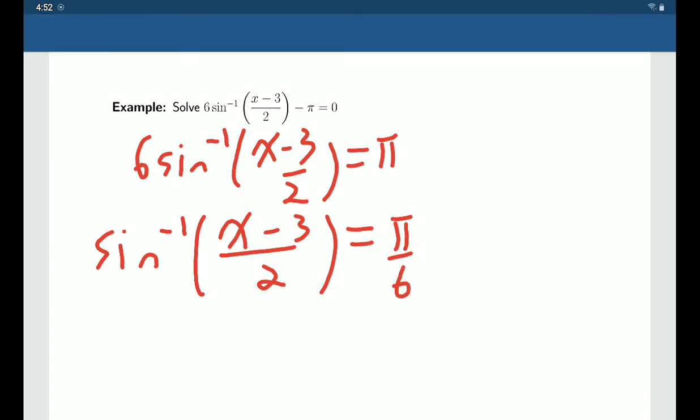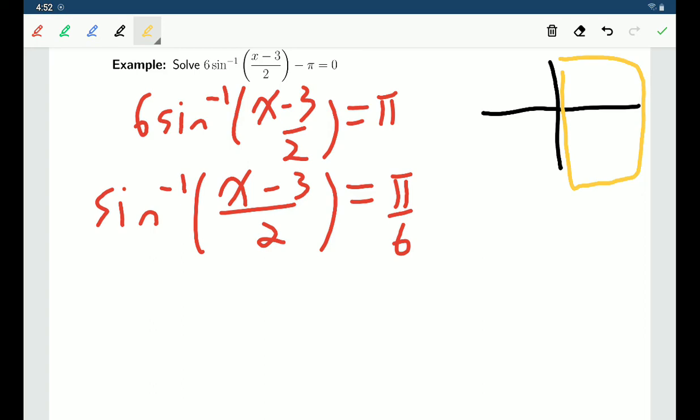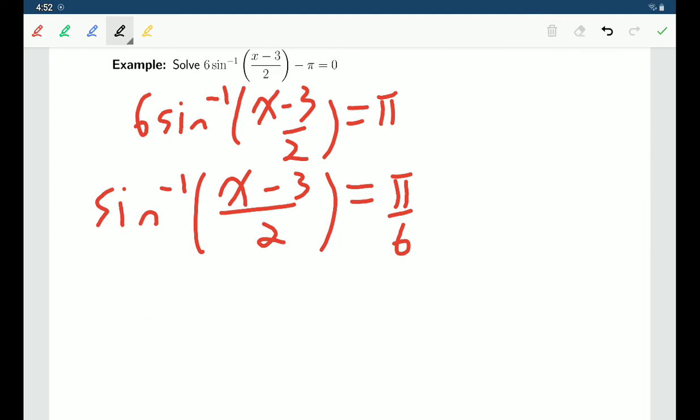And if we're thinking about sine, we know that the domain that we restricted sine to was in quadrants 1 and 4 between negative pi over 2 and pi over 2. And the angle that we're looking for, pi over 6, that is in quadrant 1, so that is in our range for sine inverse. So the equation will have a solution.